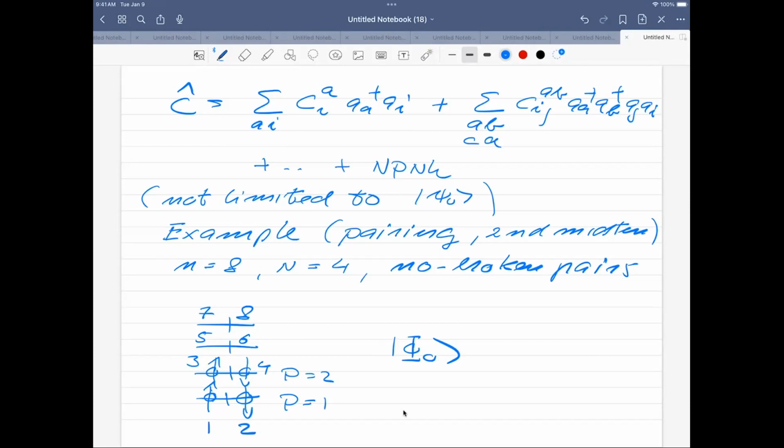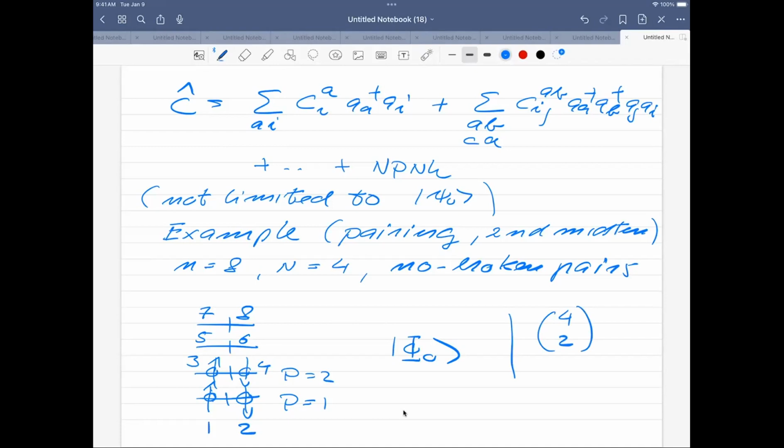Now, when you assume that there are no broken pairs, when you do the combinatorics here, it means that you would need to do the combinatorics of 4 levels. They're doubly degenerate, and you have 2 pairs, right?